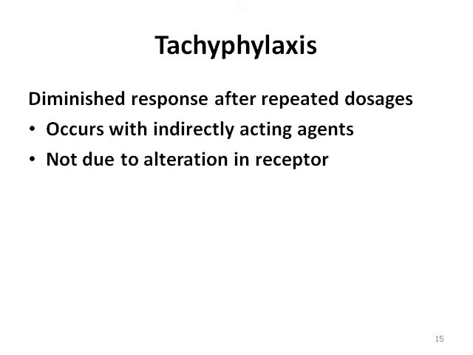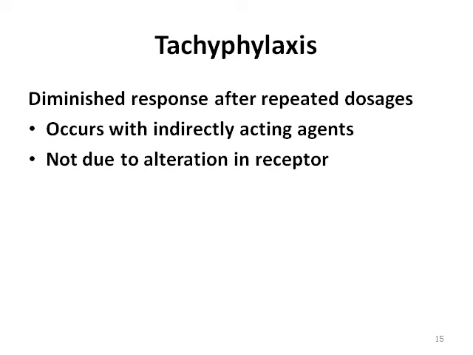Now another thing that can happen is called tachyphylaxis, which is shown in slide 15. And tachyphylaxis is different from downregulation. Downregulation is involving a receptor-mediated effect. Tachyphylaxis is a diminished response after repeated dosages. This usually occurs with what we refer to as indirectly acting agents or drugs that release transmitter.